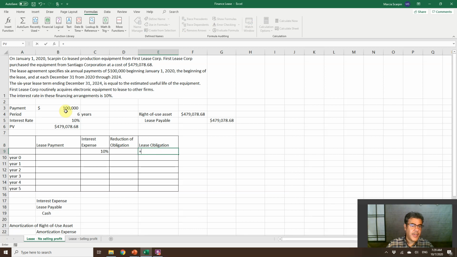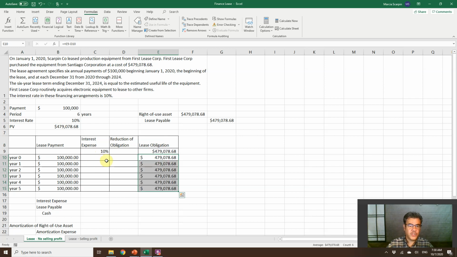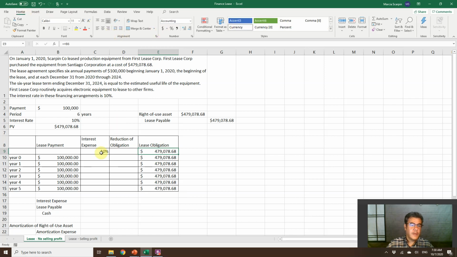So lease obligation. We have 479. Year zero, our payments $100,000. $100,000 here. Lease obligation less the reduction of obligation. Interest expense, first year, nothing.